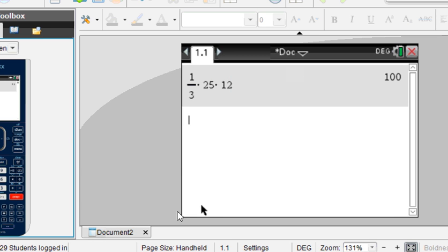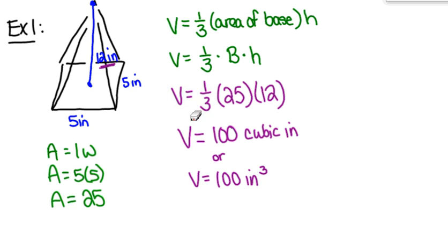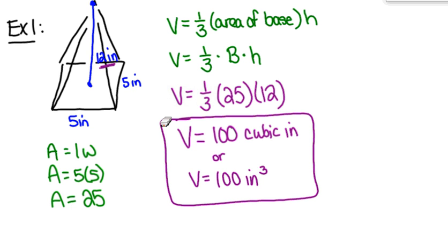So I find that the volume of that pyramid is exactly 100 cubic units, or in this case, 100 cubic inches. Beautiful. That wasn't so hard.